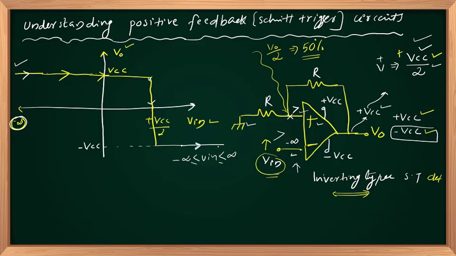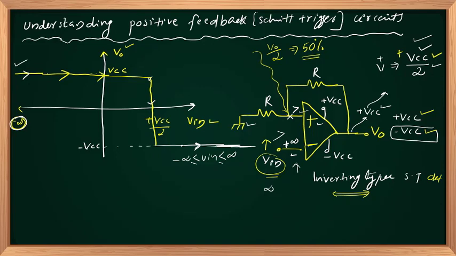After that it stays at minus VCC always as you increase your Vin. It's obvious that when Vin is positive infinity, an extremely large positive value at the inverting input, the output should be at negative VCC. So we have moved from minus infinity to plus infinity and we got a curve like this.